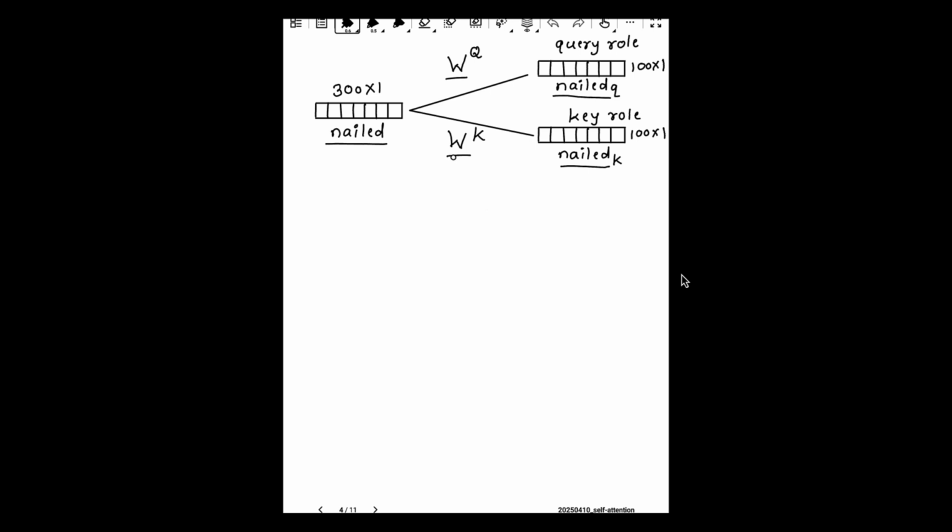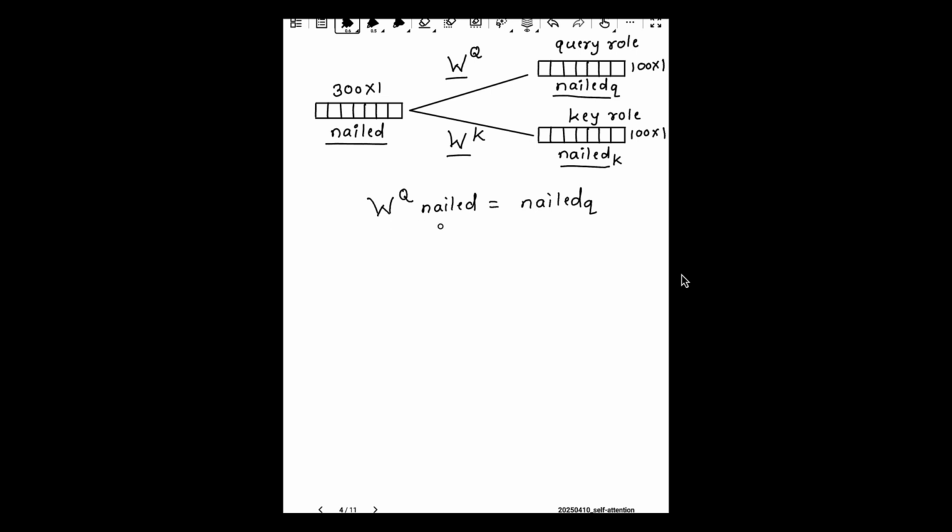With these matrices now, how do we compute this representation nailed Q? We take our weight matrix, WQ, we multiply that by our original representation of nailed, and that gives us this query representation of nailed. What's the dimensionality here? Let's assume that the original representation is 300 by 1.